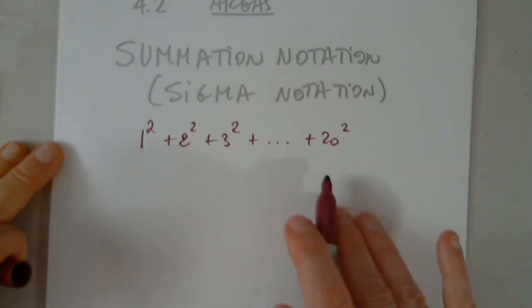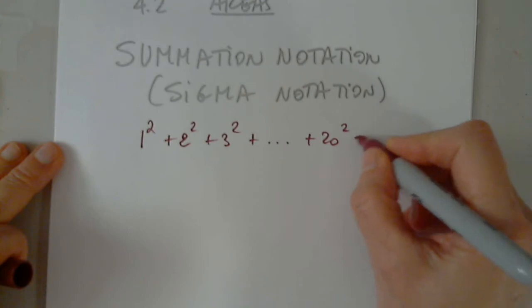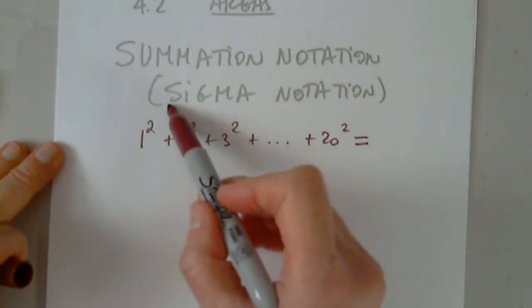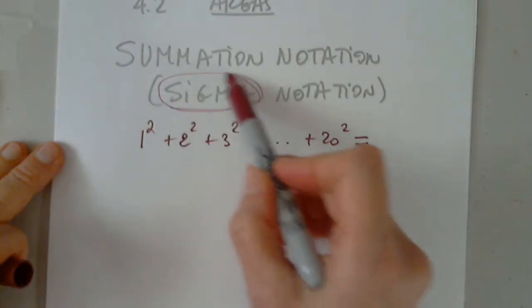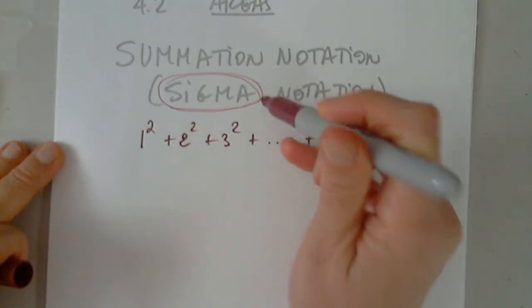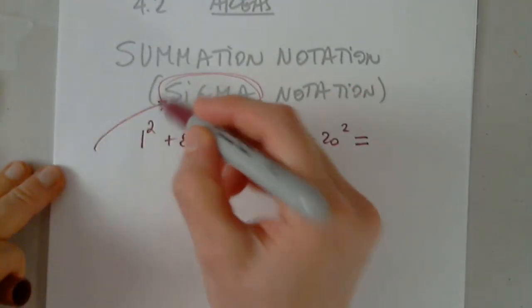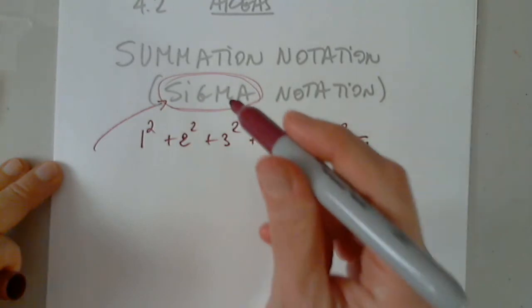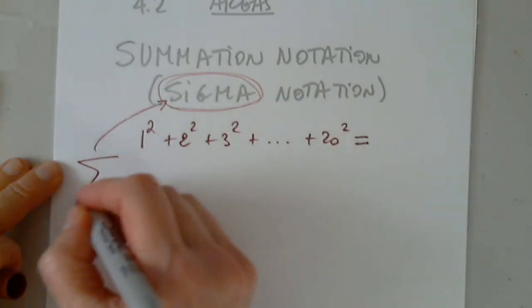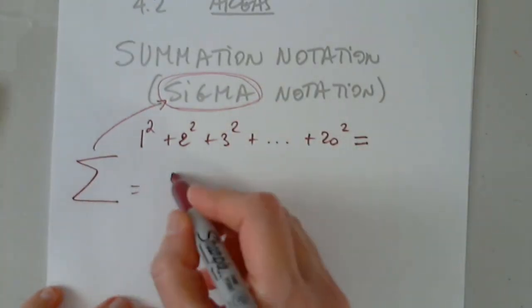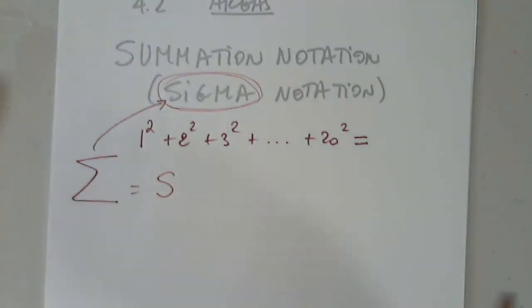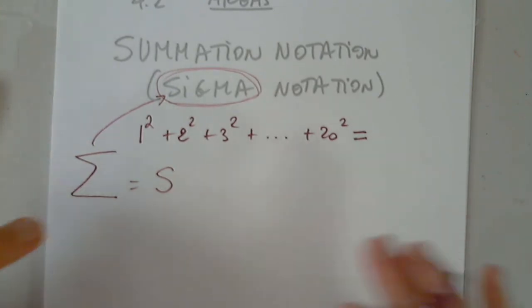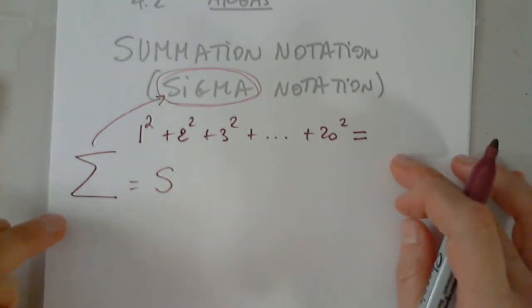There is a way of presenting this in a condensed form. This is the name of a Greek letter, and that is the sum, S, in other words. It's the same as a normal S, but it's a Greek letter, and it's very appropriate for the notation that I'm going to show you.